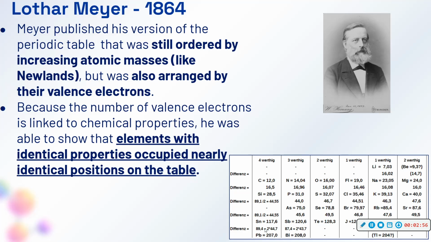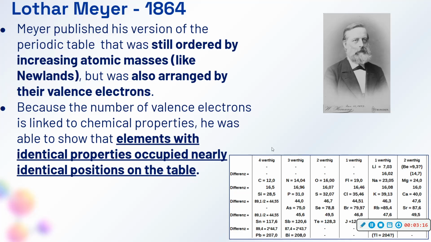So he's putting all of these elements in this column together because they all have the same number of valence electrons. So he is saying that elements that have identical properties are occupying nearly identical positions on the table.